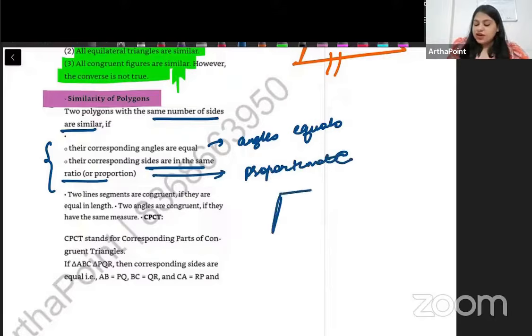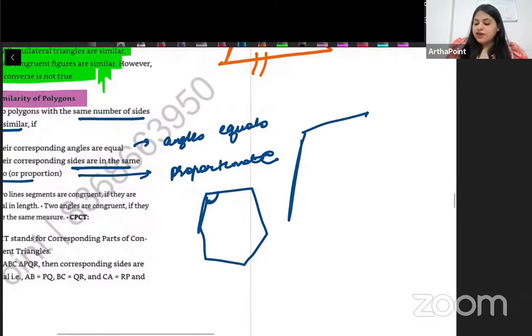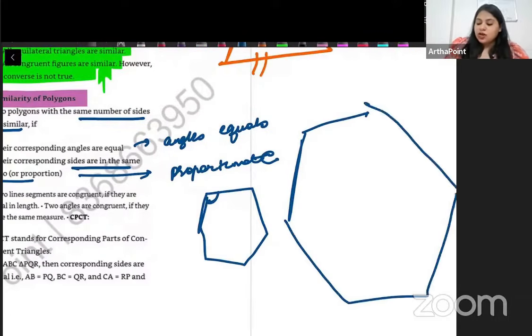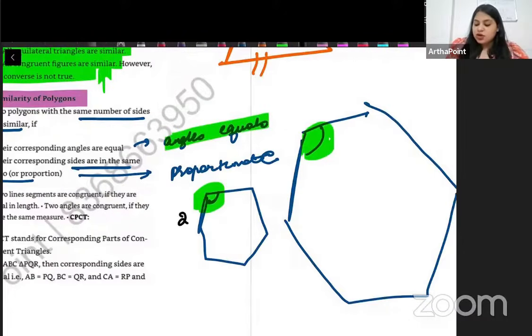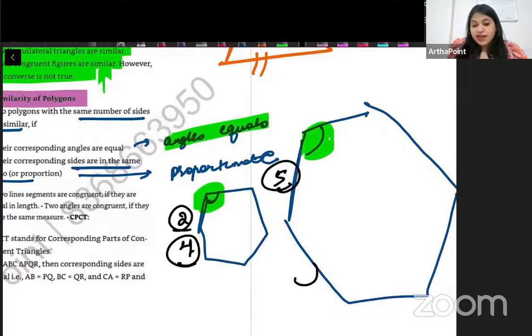So if I draw a polygon, and even if I draw a bigger polygon, the angles should be equal and the sides should be proportionate. If this is 2 and this is 5, and if this is 4, then the ratio has to be the same. If this is 2:5, then here also 2:5 must be maintained. So this length should be 10.